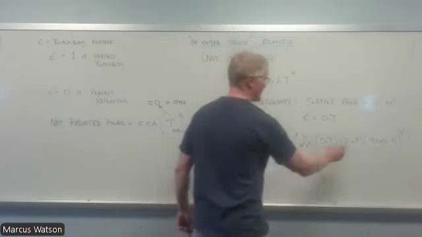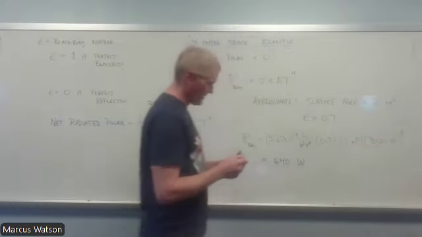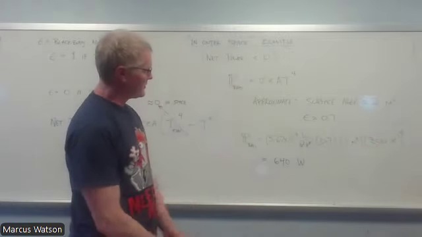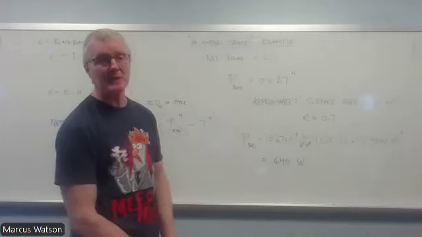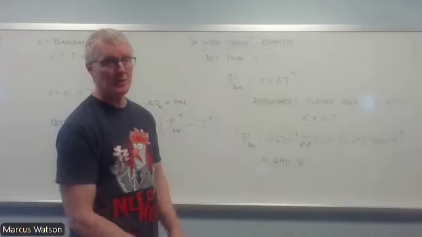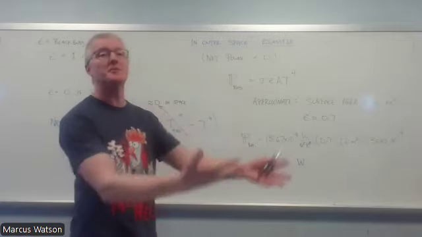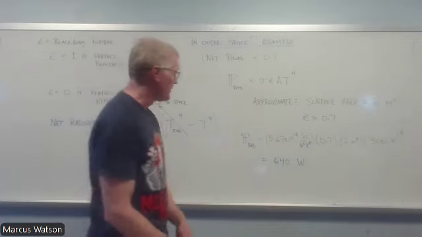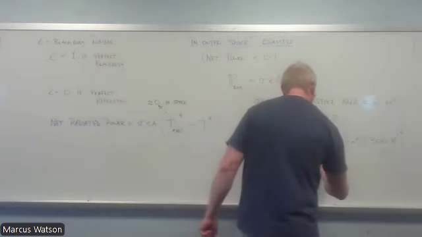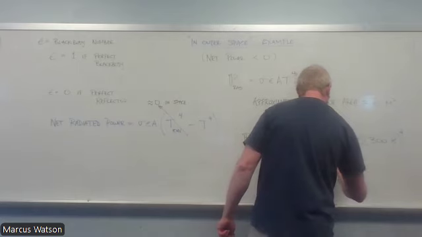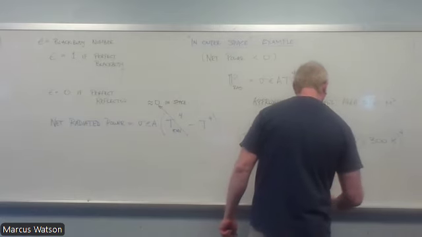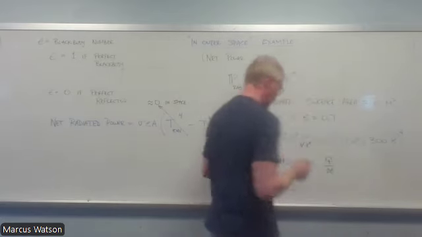My Kelvin to the fourth is going to go away with that Kelvin to the fourth, and I'm going to be left with watts overall, and that's a rate of energy loss. In other words, that's a Q, as we've been talking about it, per time. Or 640 joules lost per second. That's Q per second.